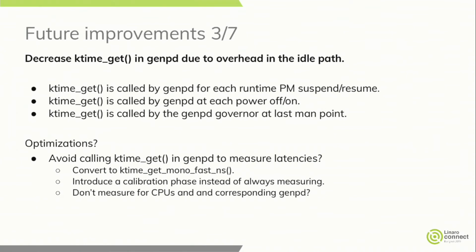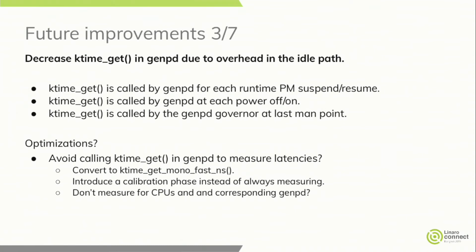In principle we would like to reuse that somehow, but to reach that point we need several steps. Initially, I think we can start looking into all the calls to k-time get in NPD and see if we can drop some of them, or optimize them away in some way.